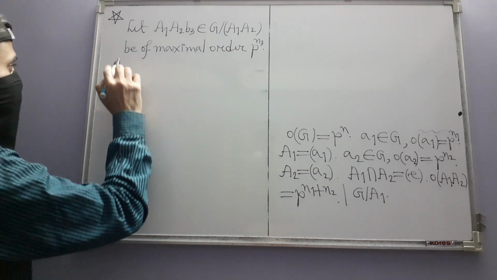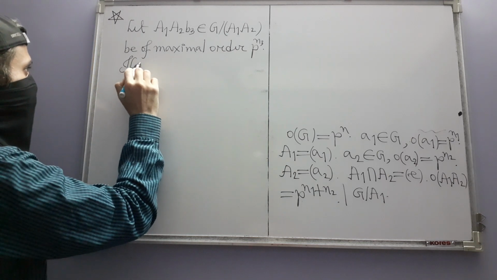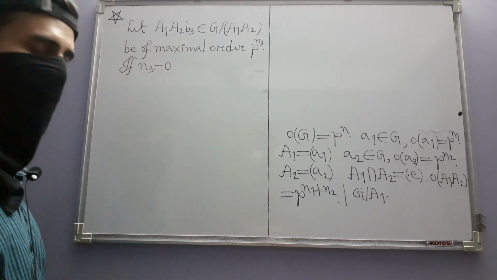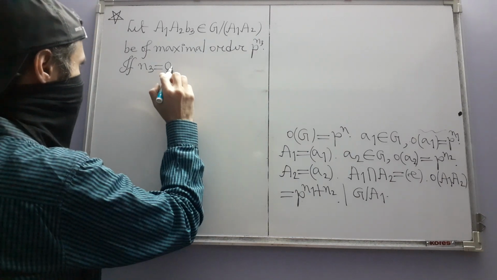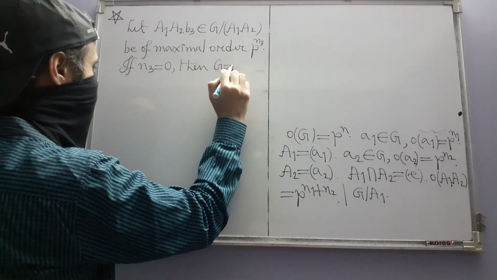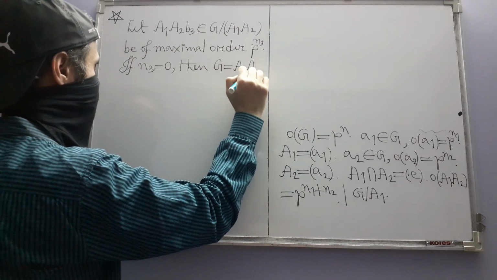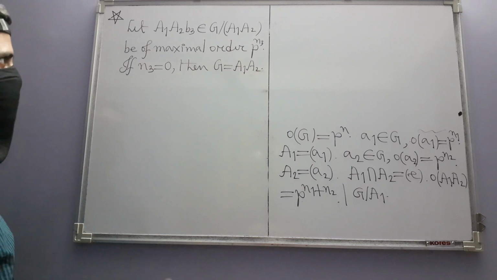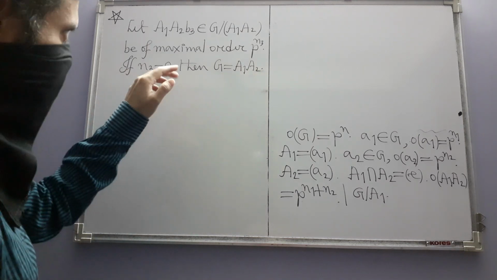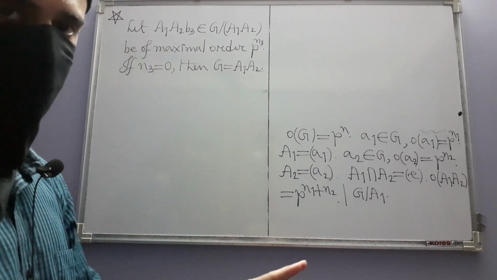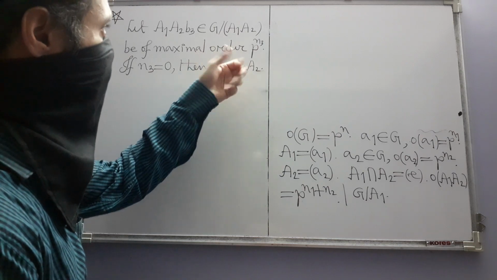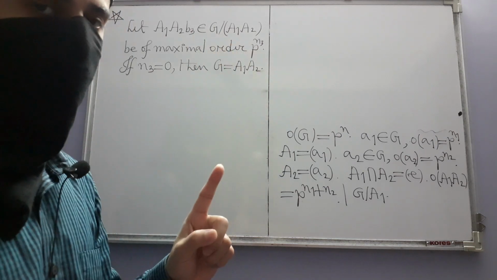Now if n3 turns out to be 0, then the proof actually stops. Because if this is the maximal order, just think about it. If n3 is 0, that means the maximal order of any element in this group is 1.